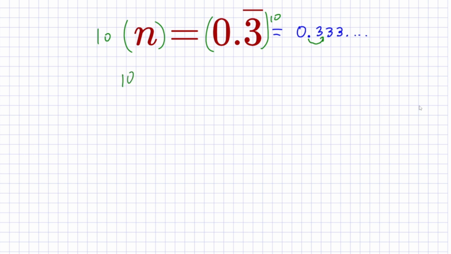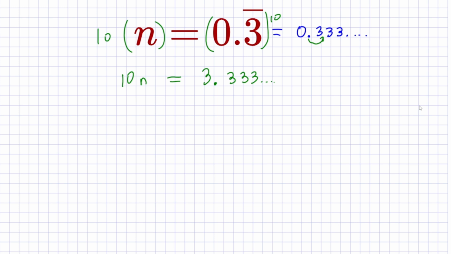We will get 10n equals, now remember that multiplying by 10 moves the decimal point to the right one space. So we will now have 3 point and then still an infinite number of threes to follow. But remember that the 0.3 repeating is n.